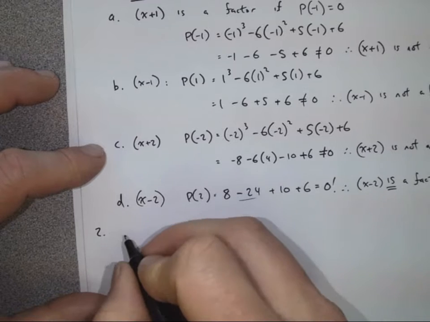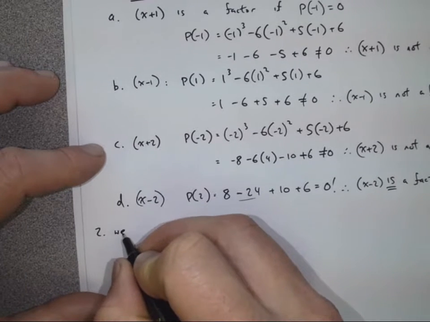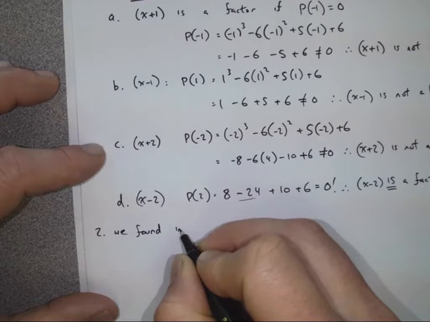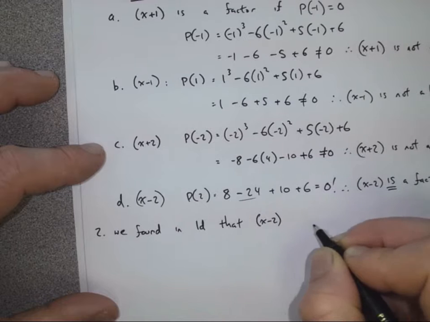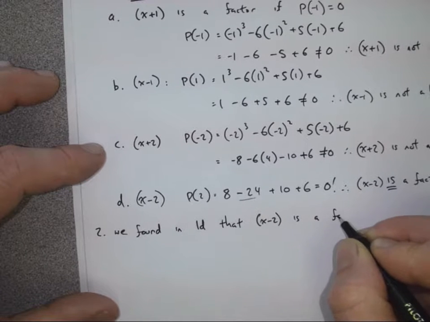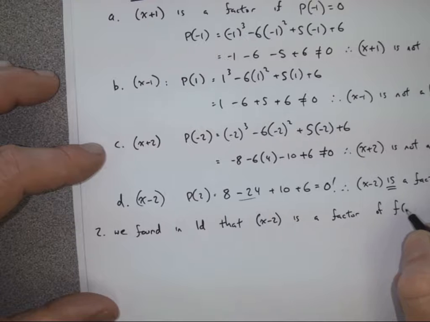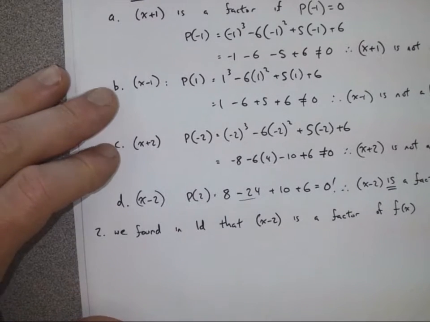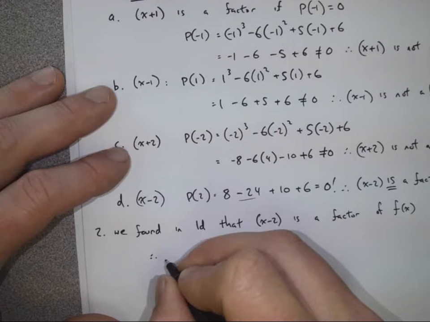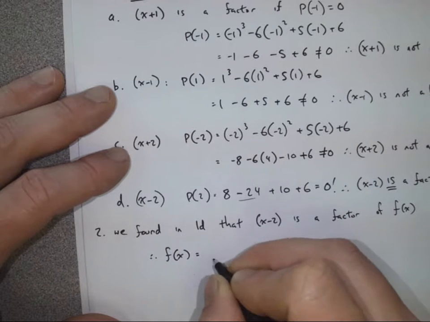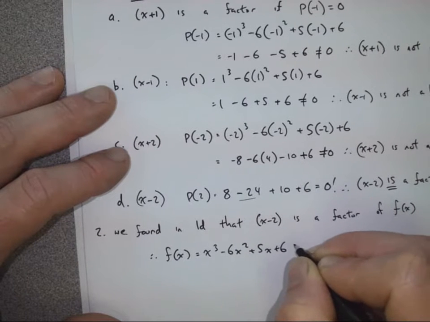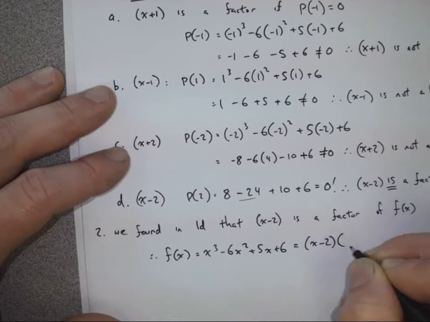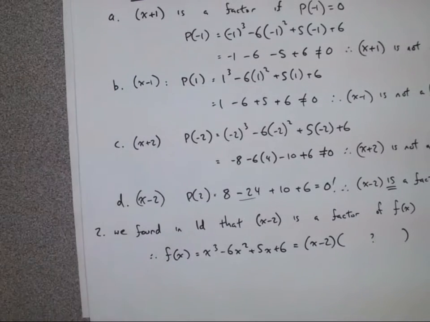So the first thing we're going to do is utilize the fact that we found in 1D that x minus 2 is a factor of what they now call f of x. So therefore, f of x, which is equal to x cubed minus 6x squared plus 5x plus 6, is also equal to x minus 2 times some expression. I'm just going to grab a couple other colored pens.